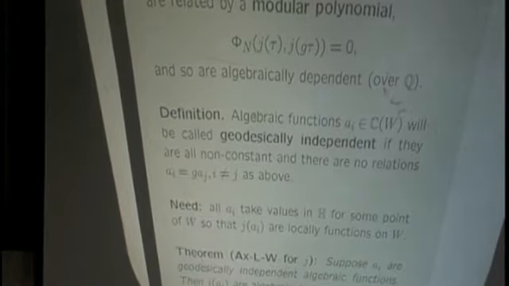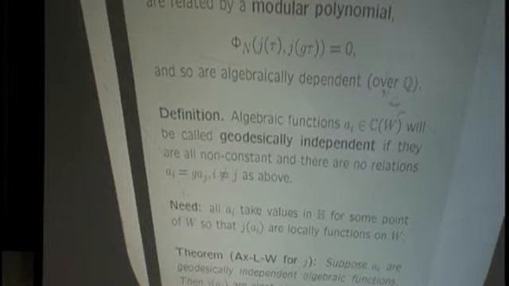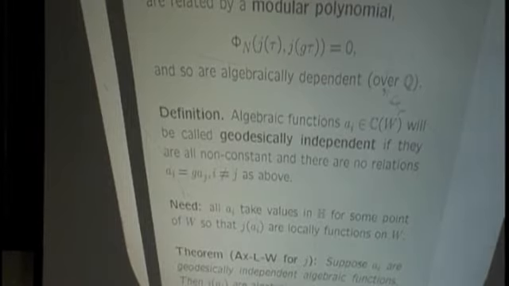If I have a W, W is a variety in C to the n, let's say, which intersects the upper half plane to the n in a non-empty set. And if I have algebraic functions that are in the function field, I will call them geodesically independent if they are non-constant and there are no relations between them of the form a_i equals G a_j, where G is in GL2(Q)+.